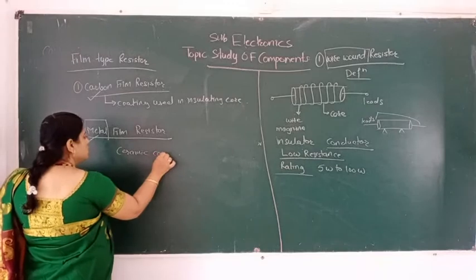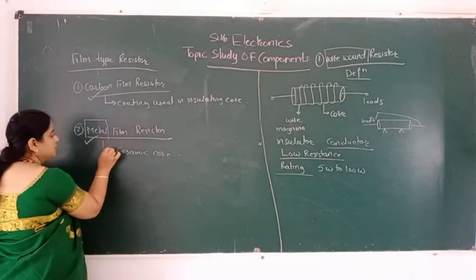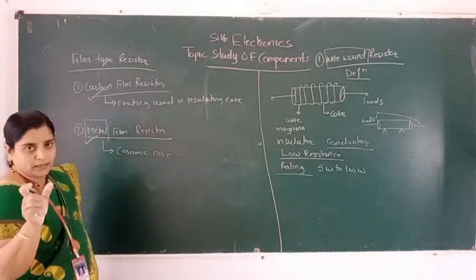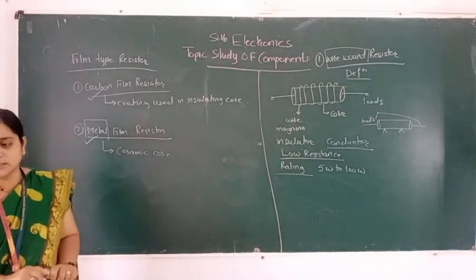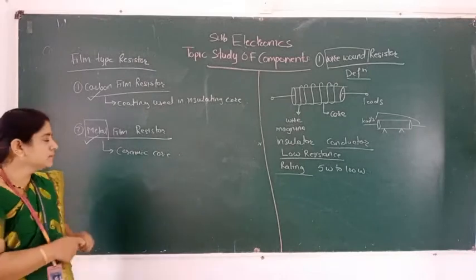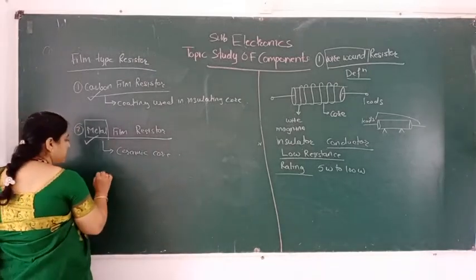A ceramic core is used. Which type of metal? Ceramic metal is used in this type of resistor, so it is called the metal type resistor.